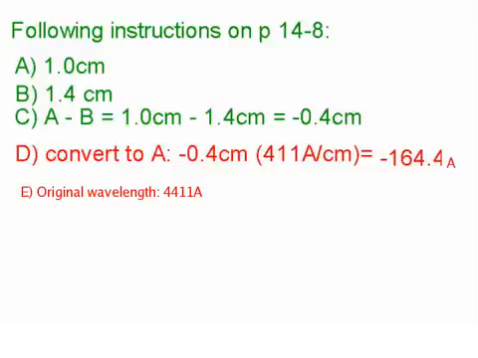It was D over E, so the result from column D over the result of column E. Negative 164 angstrom divided by 4411.